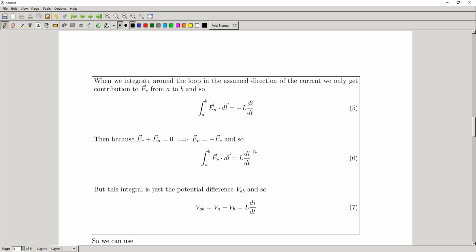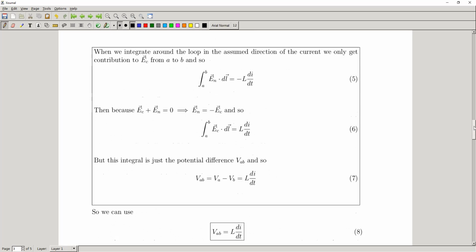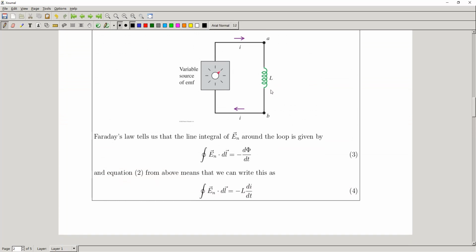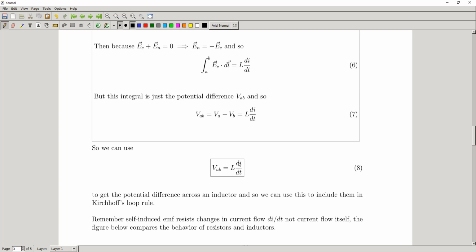But this integral on this side here is just the potential difference from A to B. This is just VAB. So we can replace this integral with VAB, and now we have a nice tidy expression, which I have boxed down here, that gives us the potential difference across AB, across our inductor, written in terms of the self-inductance times the time rate of change of our current going through that inductor.